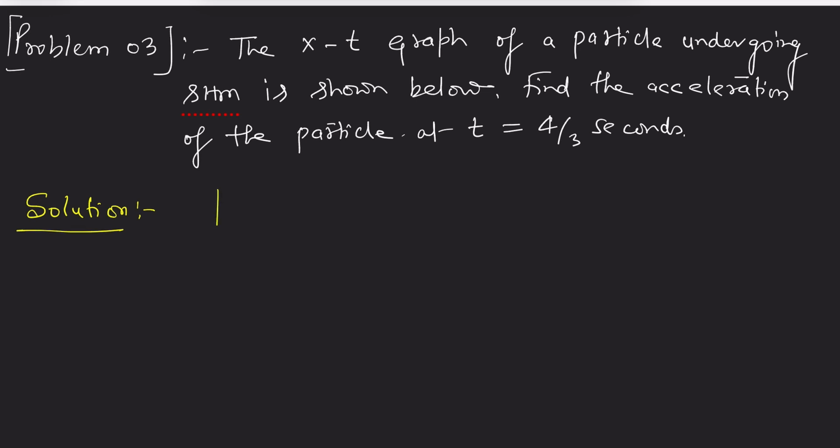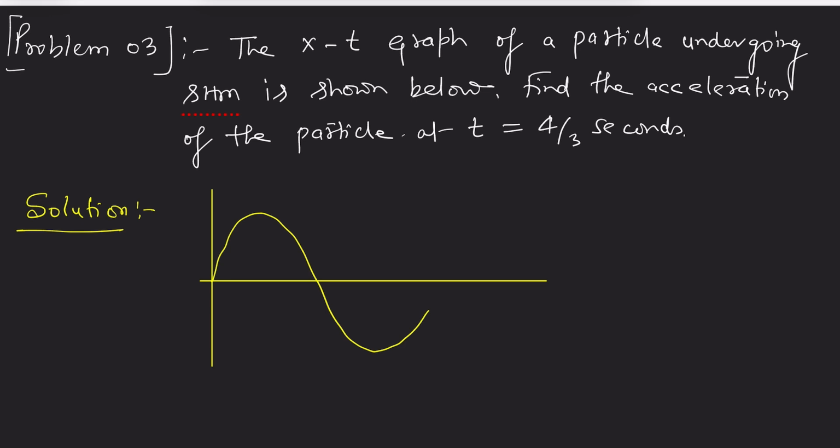So if you see here, the solution is, I'm going to write, the graph is given like this. Of course this is given as +1, and this is given as -1 unit. Whatever, let's say meter, if you want to take meter.